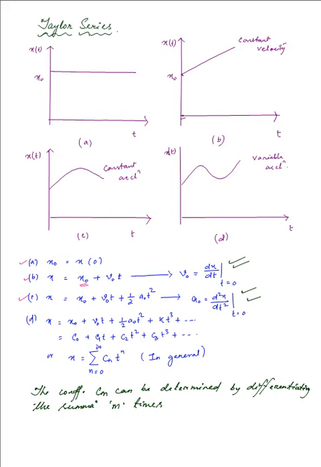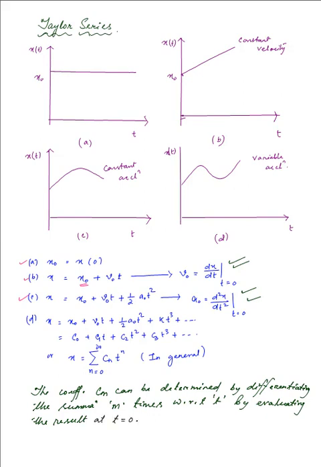So m times differentiated with respect to t by evaluating the result at t is equal to 0. Why t is equal to 0?